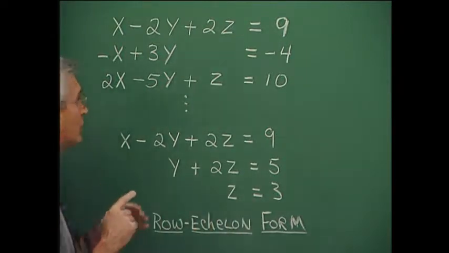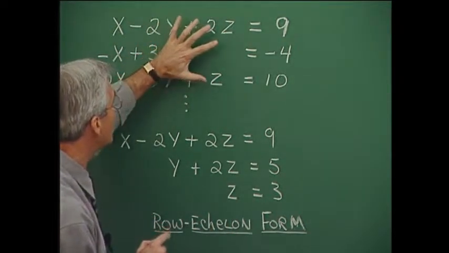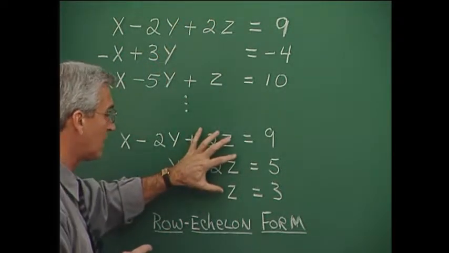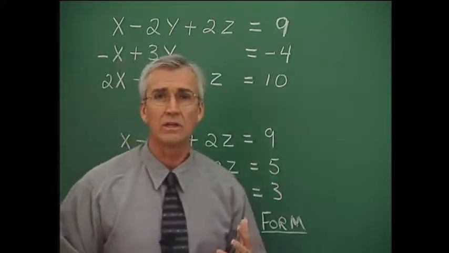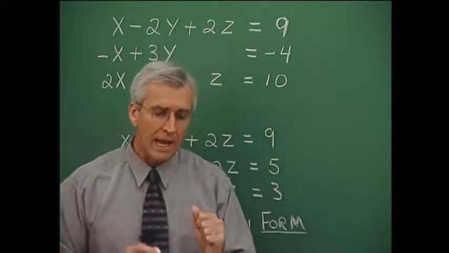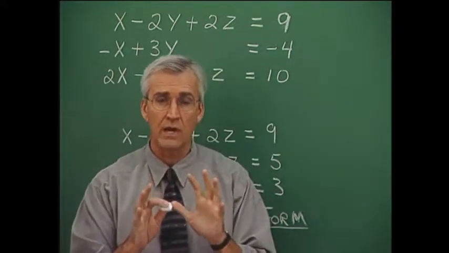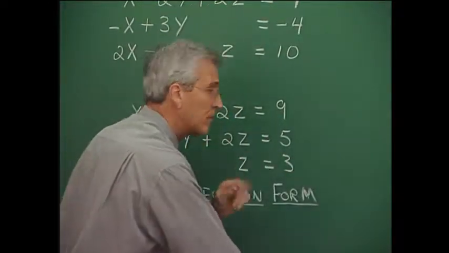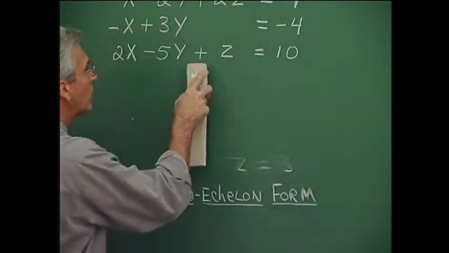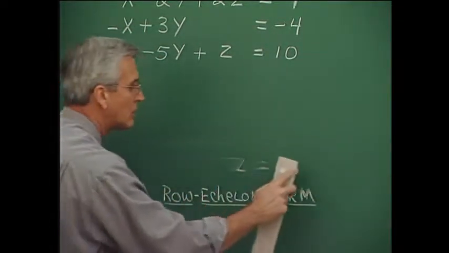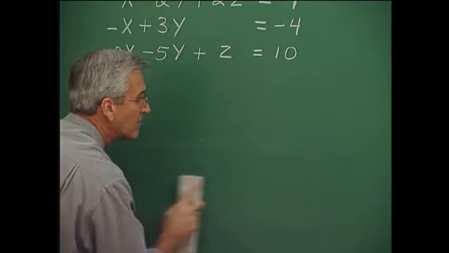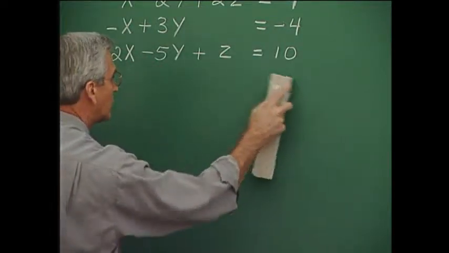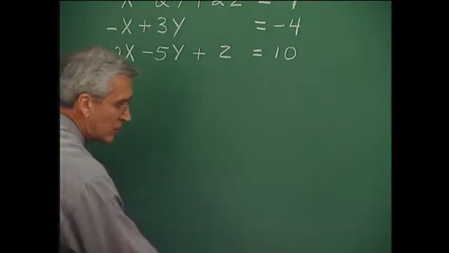The method used to move from this group of equations to this row echelon form is called Gaussian elimination. Now, let's understand that we're going to try to accomplish certain items on this road to row echelon form in a certain order.